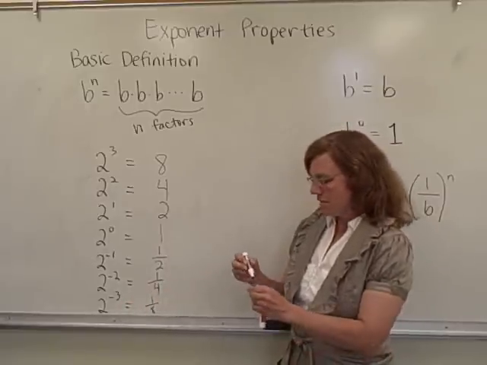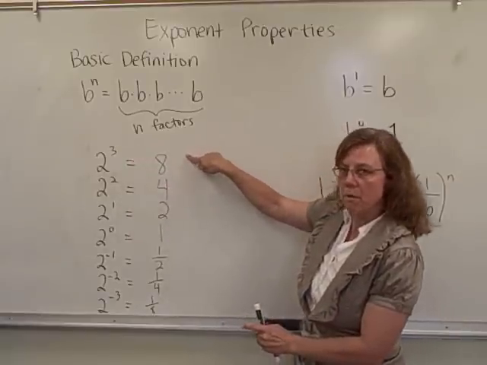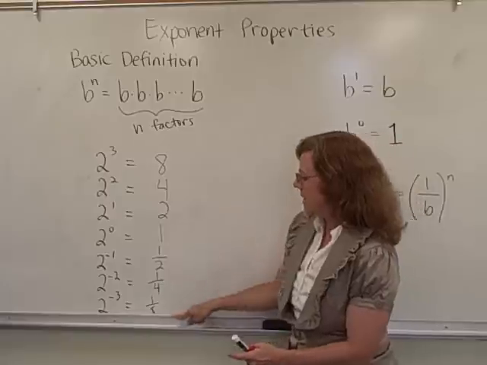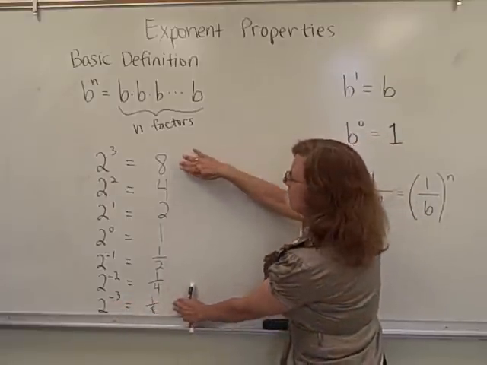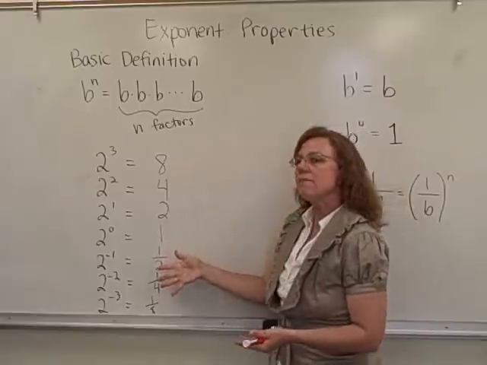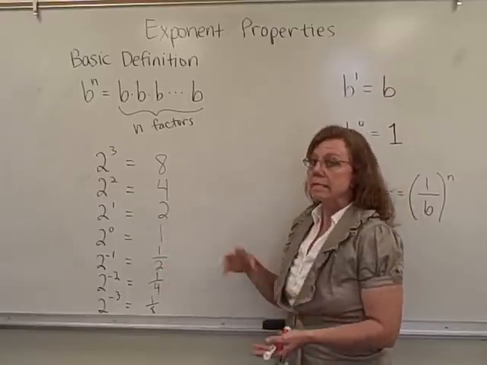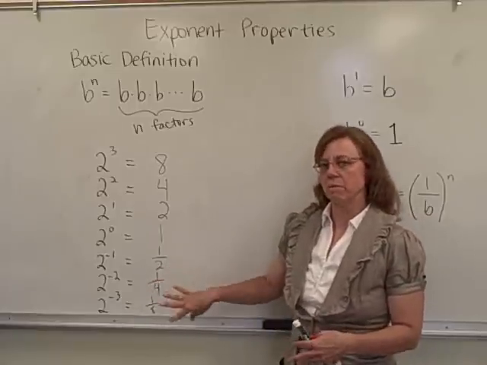And so notice that the positive exponents, 2 to the third, and the negative exponents, 2 to the negative 3, the answers are what we call reciprocals. So a negative exponent always means a reciprocal. It's not a negative number, a negative exponent is a reciprocal.